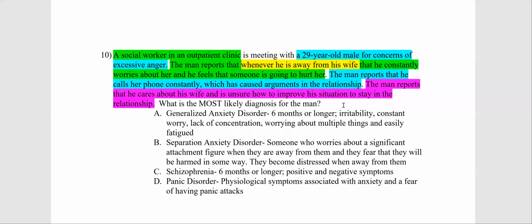The man reports that he cares about his wife and is unsure how to improve his situation to stay in the relationship. Right off the get-go, rule out schizophrenia. Doesn't have any delusions, hallucinations, anything like that. Does have some paranoia, but let's just say it is predicated on the fact that he is away from his wife and that he feels like someone's going to hurt her.